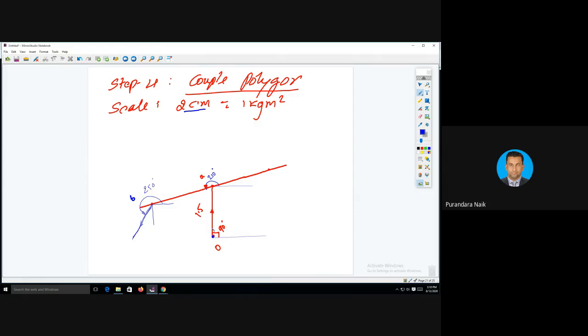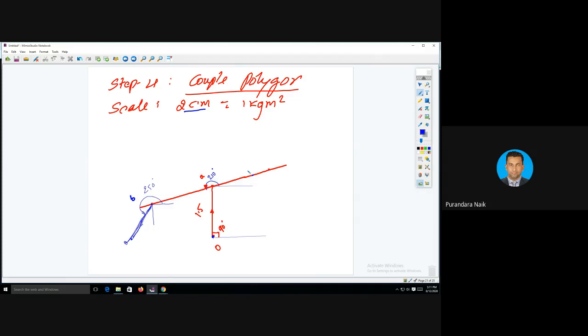The starting point is O, because you need to make a complete closed polygon for complete balancing. If the system is balancing, this point has to reach this O. Is it possible to reach this O? If you do it like this, because the angle is 250, it will be in this direction, so it will not meet this point. That's why you need to mark a point somewhere here where, if you draw a line, it has to intersect this. Okay, so that is the condition.